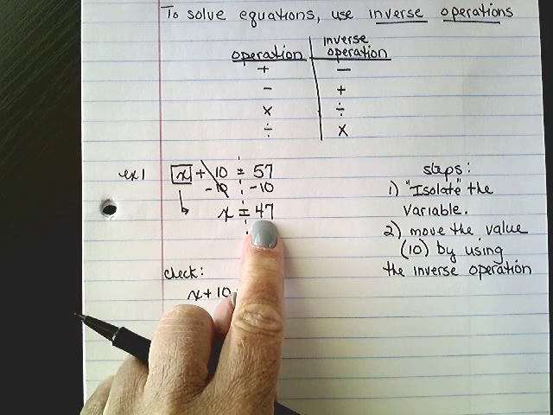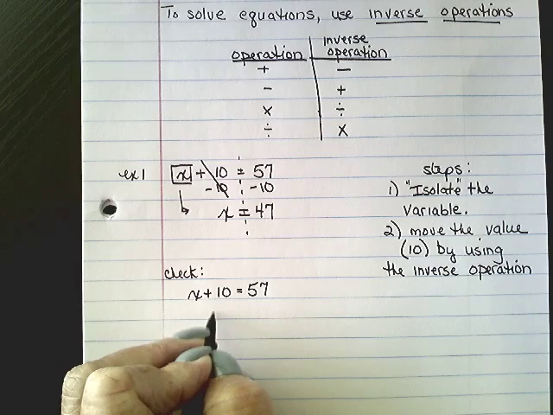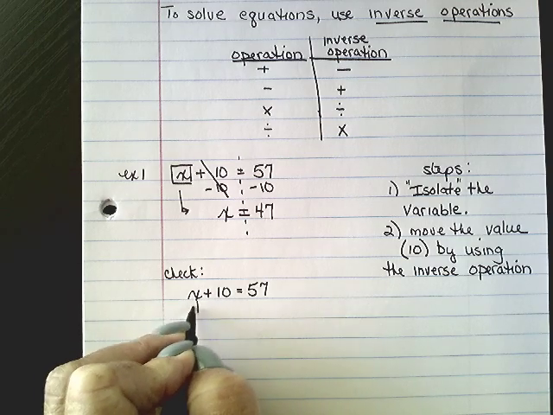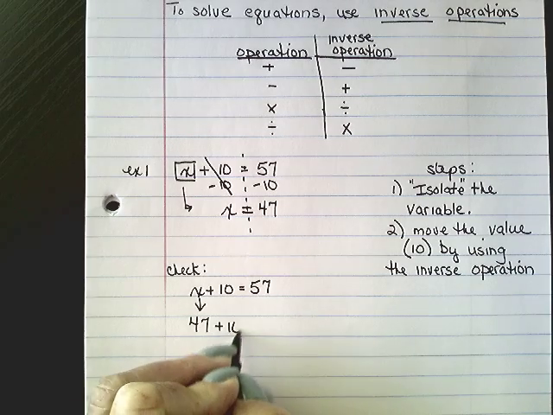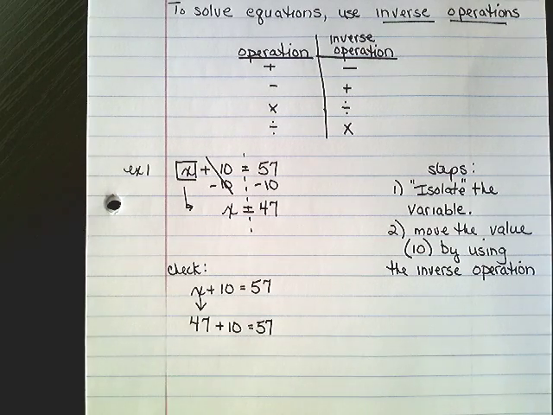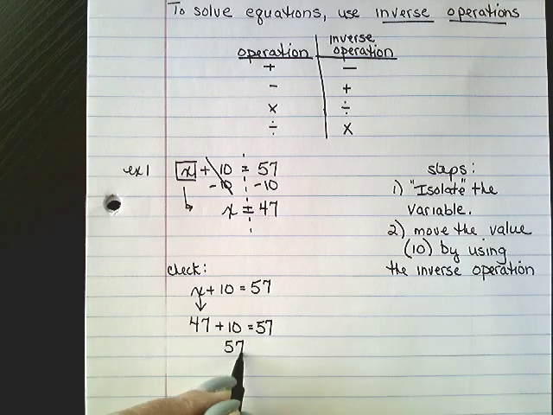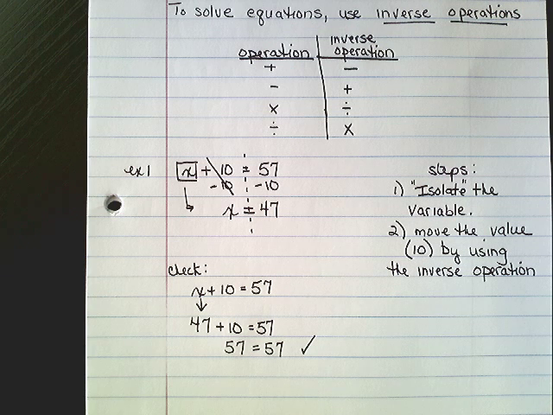Take your answer that you got, x is equal to 47, and put in 47 for x. So 47 plus 10 equals 57. 57 equals 57. Check. So that answer of 47 would be correct.